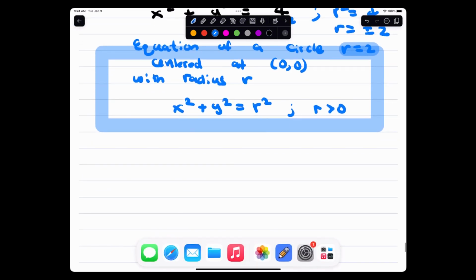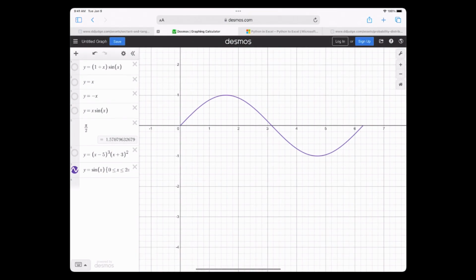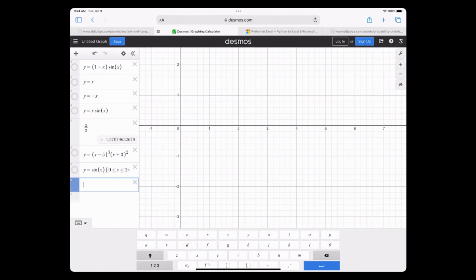And so you might even look at Desmos and say, hey, does Desmos plot circles? And the answer is yes.